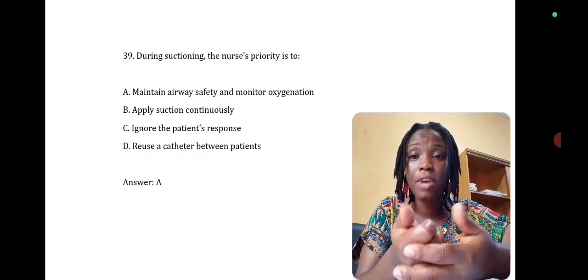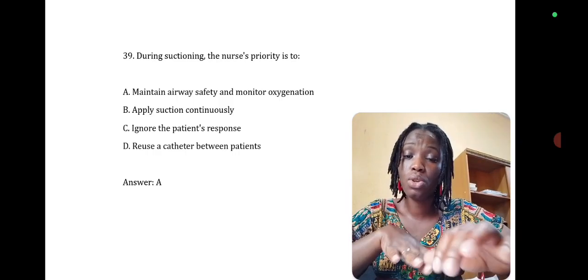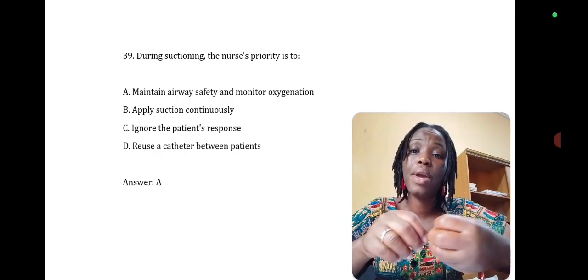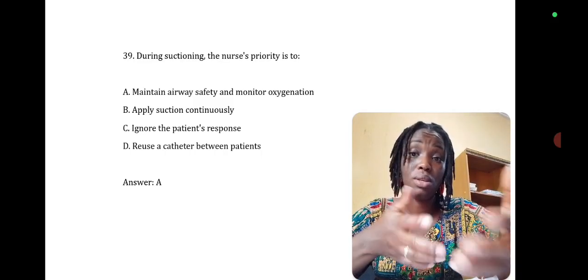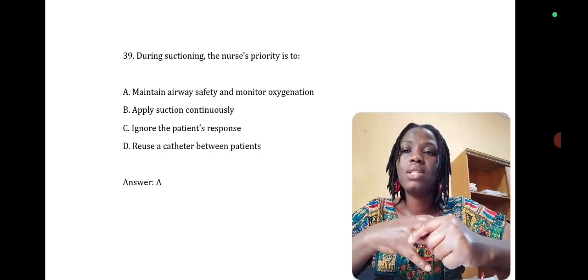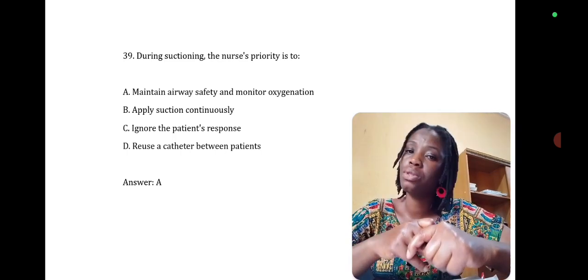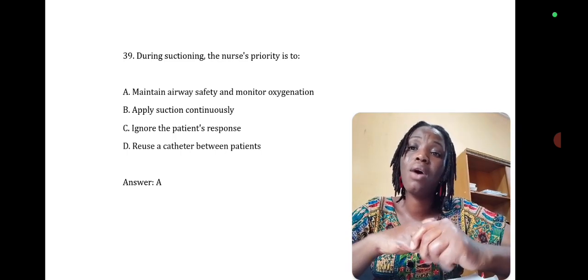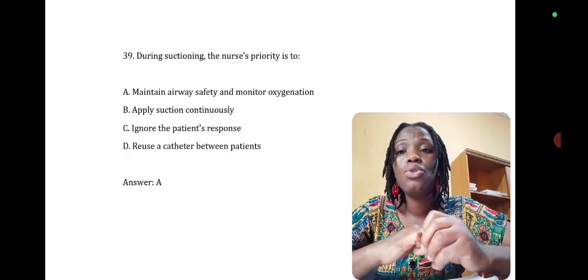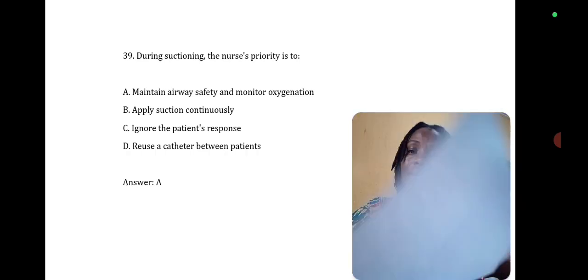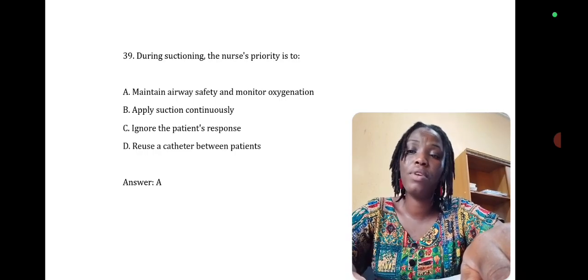You suction it with your suction machine, using an NG tube or the tube from the suction machine, depending on what you are trying to suction. So when the nurse suctions the patient, why are you doing this? That's why they say the priority: your rationale for that intervention.